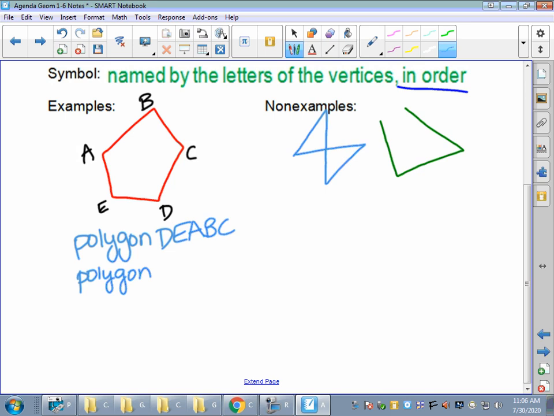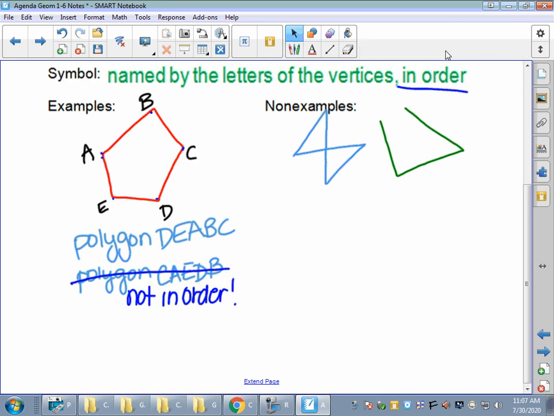How about CAEDB? One of those is good, one of those is bad. Which one is the proper way to name that polygon? DEABC goes around the outside of it. I like that. C over to A jumps across. I skip B or I skip the other way. So that's junk. I'm going to say not in order.